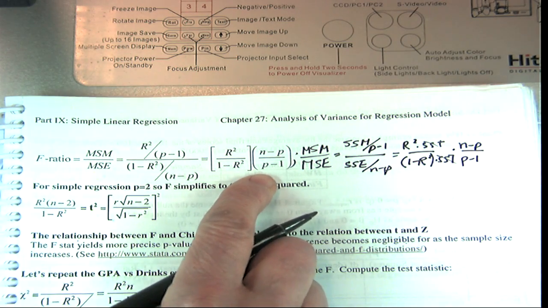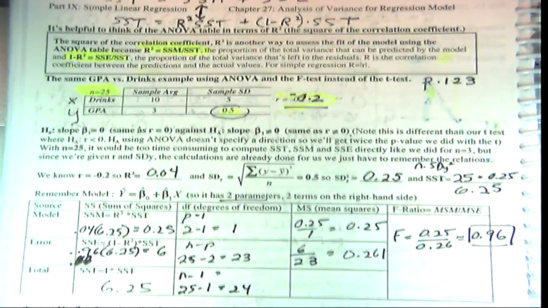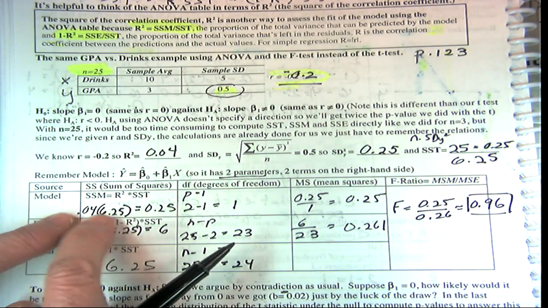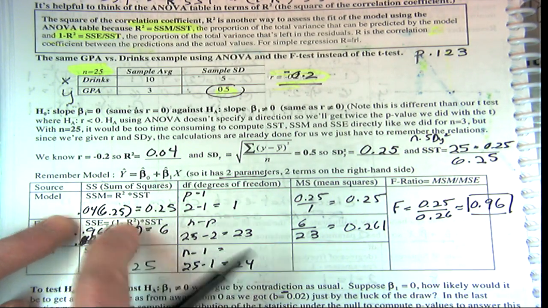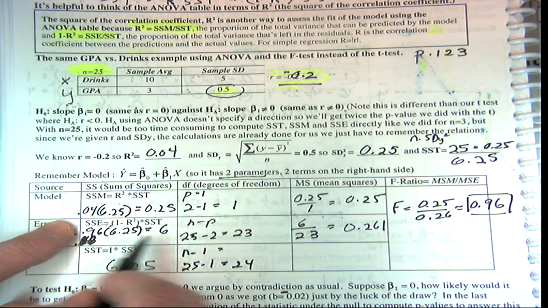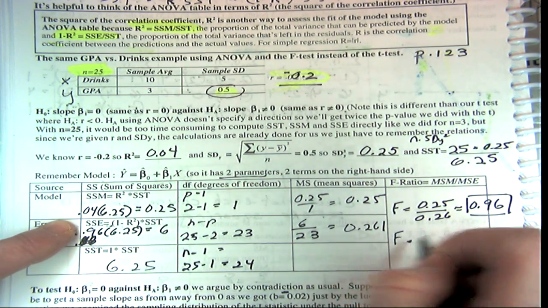So in other words, we sort of did a lot of work for nothing, really, once we know r squared, because we took SSM over SST, and the SSTs cancel out. So this is the same thing as writing it this way.